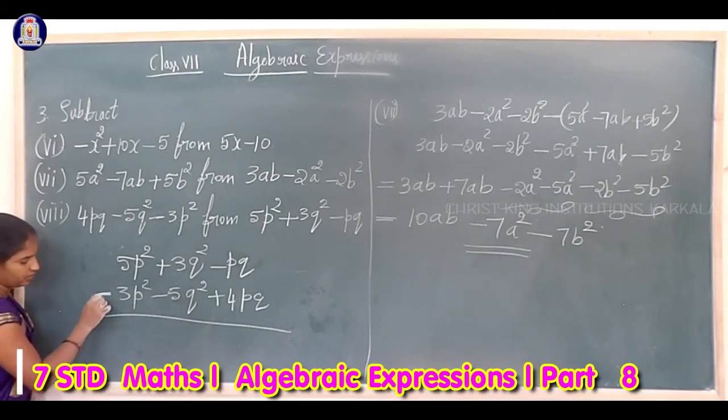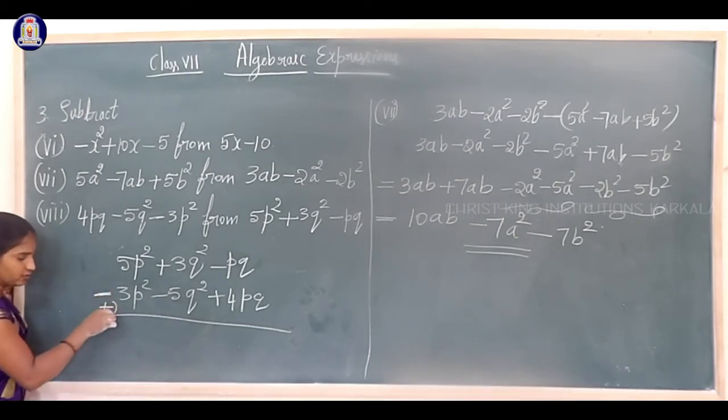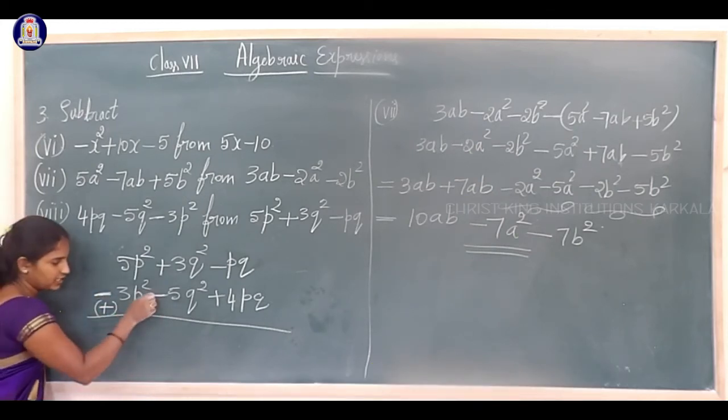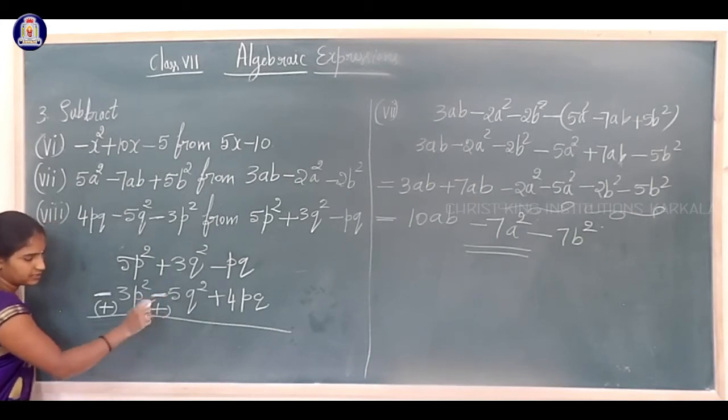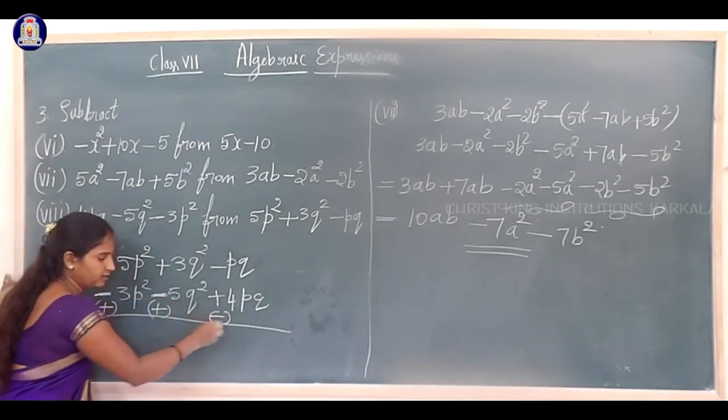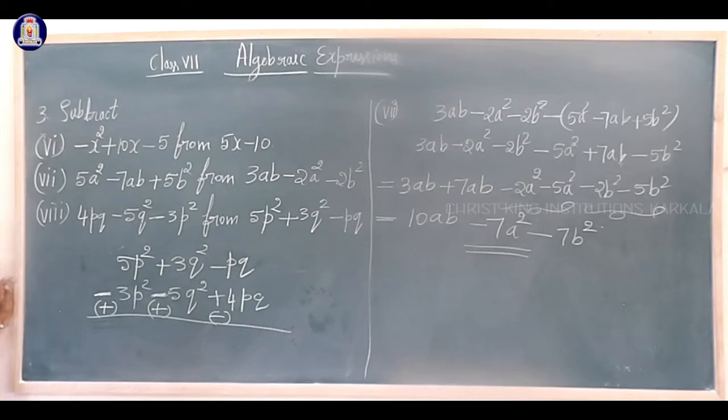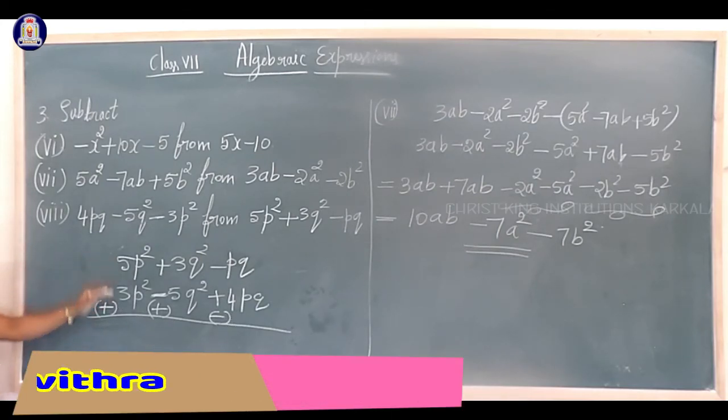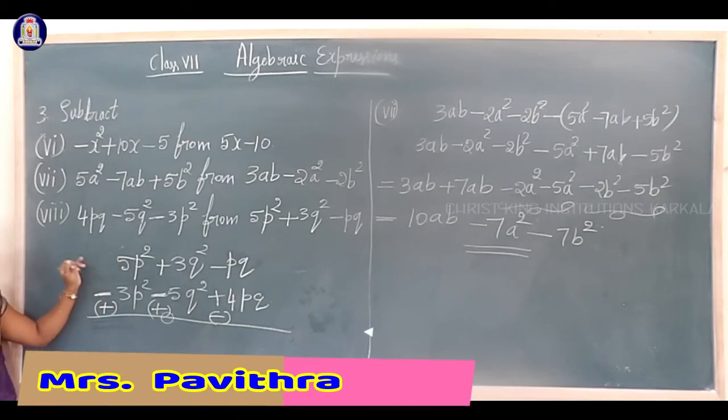Minus. So if the sign is minus, then you write a plus. Here it is plus, so write a minus. Understood? Only in subtraction you have to change the sign. Addition is direct. If it is plus or minus, subtraction, same sign, addition. Addition is direct, no changing of sign. Only in subtraction you have to change the sign in the vertical method.